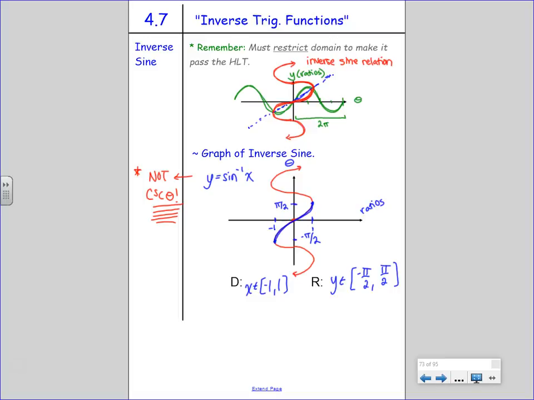Real quick, can we just use our unit circle knowledge to put a little unit circle over here and show exactly what those angles are? How do you go -pi/2? Go down, and down how much? Down 90, right? And how do you go to +pi/2? Go up 90.